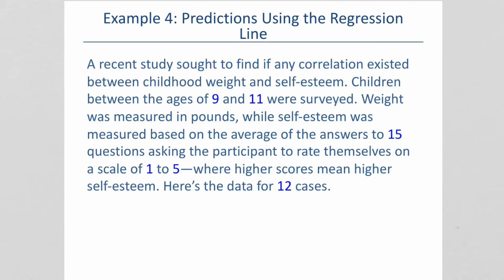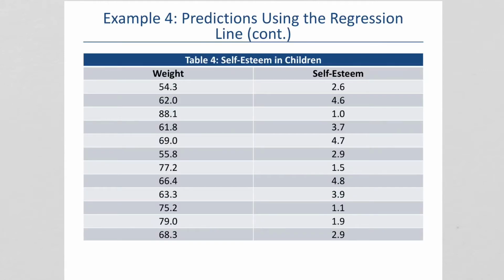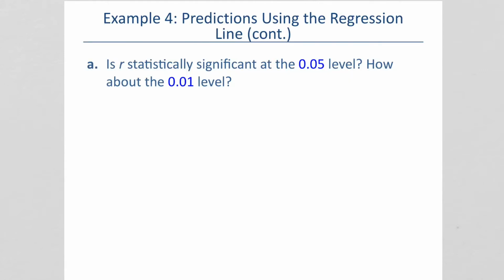Okay, so here is example 4, and we found the R value, and the absolute value of the R value would be the absolute value of negative 0.6051. So that was positive 0.6051. And we wanted to find out if it was statistically significant at the 0.05 level.